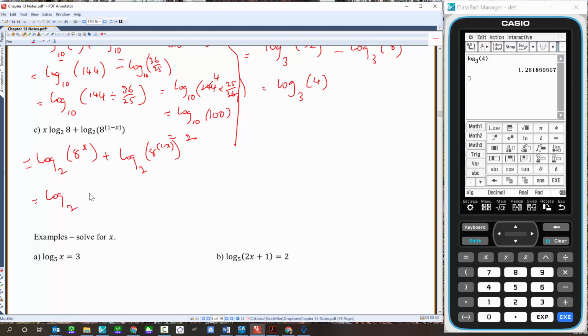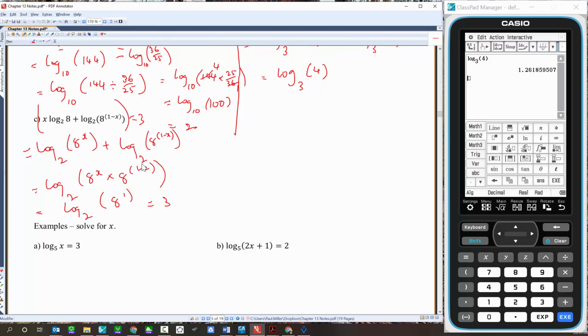So that's log base 2 of 8 to the x, times 8 to the 1 take x. And that is log base 2 of 8 to the, common base indices, so we add the powers, so x take x, that's going to be 8 to the 1. 2 raised to what power will give me 8? The answer is 3. So that is equal to 3.